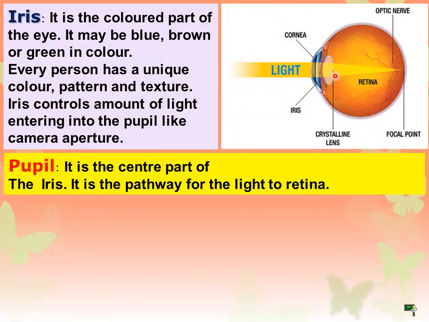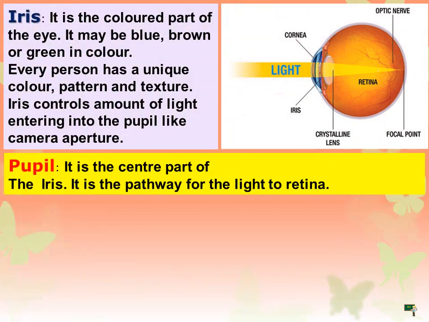If you have any problem in the lens, then you have to replace this lens only. Eye surgery means they replace the lens. Then there is the optic nerve. If it fails, you are not able to see anything in future. Then this is the focal point of the lens.